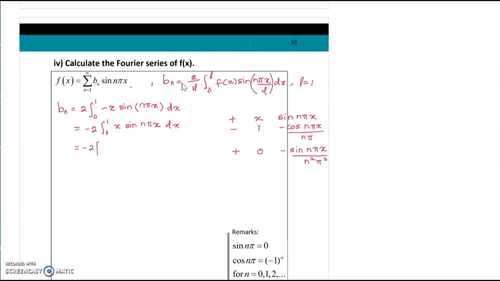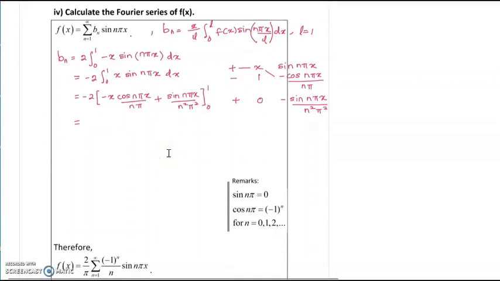So the result would be -2, putting things together, times: plus x times negative, so we have negative x cos(n pi x) over n pi, plus sine(n pi x) over n squared pi squared, evaluated from 0 to 1.